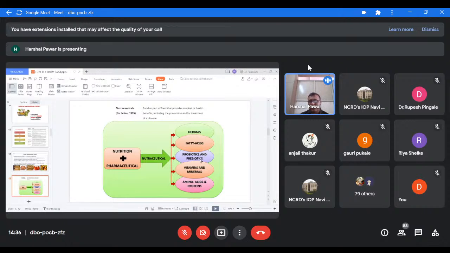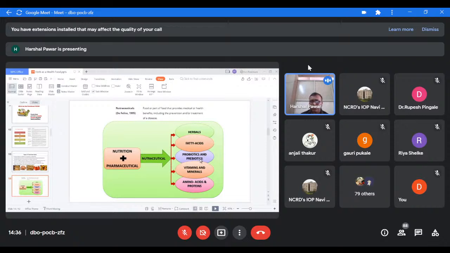So, the basic role of probiotics is to supplement some of the essential microorganisms in our body, right?